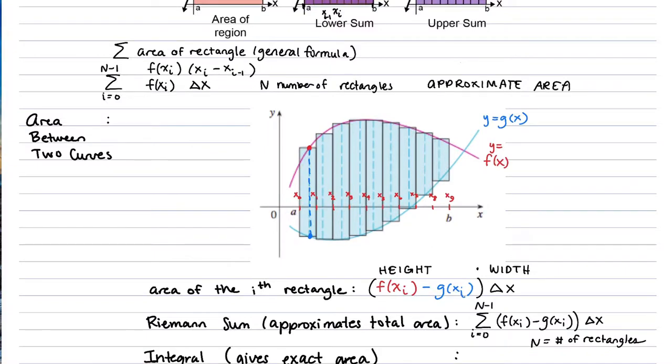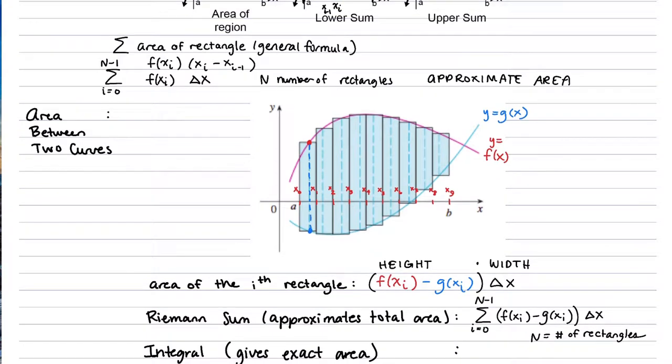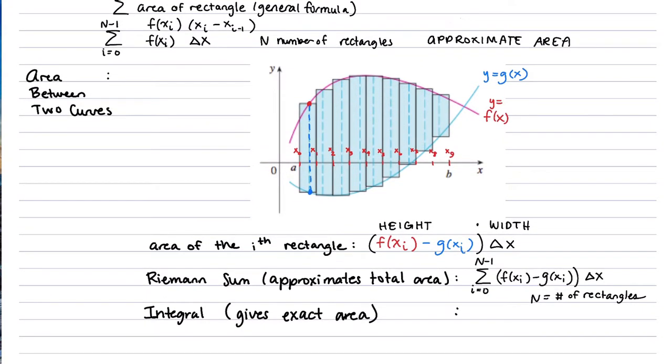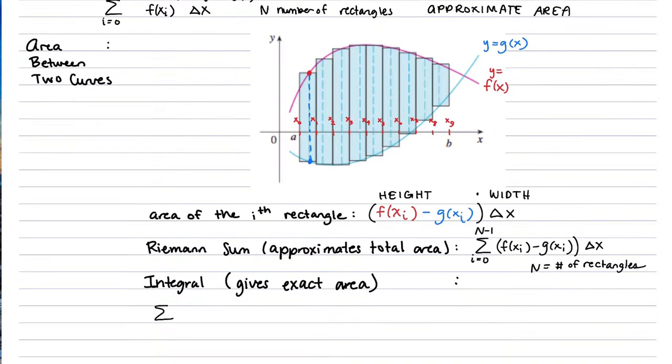Okay, now how are we going to make that exact? What if we let the number of rectangles go to infinity? So I'm going to take my sum, my approximate, and I'm going to let n go to infinity. So let's write our sum: i equals 0 to n minus 1, f of xi minus g of xi, there's the height, times the width.